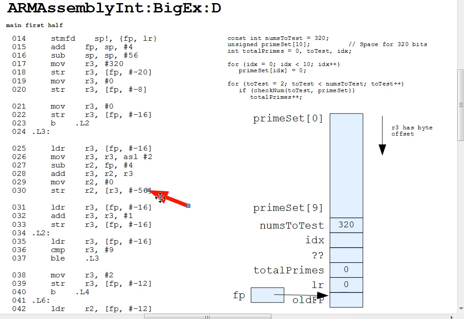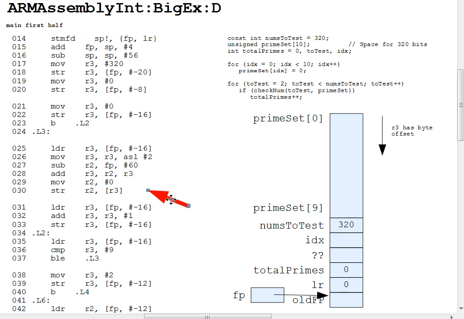So question 6. That's pretty complicated, so why don't we rewrite those 4 lines so that the str needs no offset. And the answer here is that we could do a minus 60 right here on the first subtraction and then maintain the same add, and we could leave just R3 as the direct address of the desired array index.